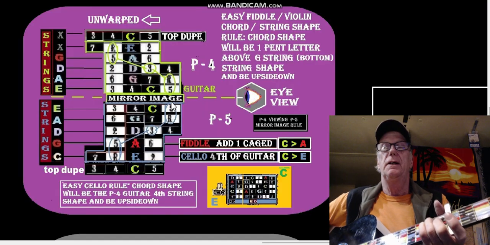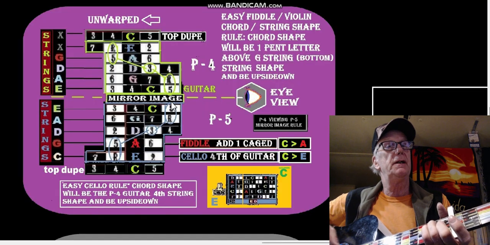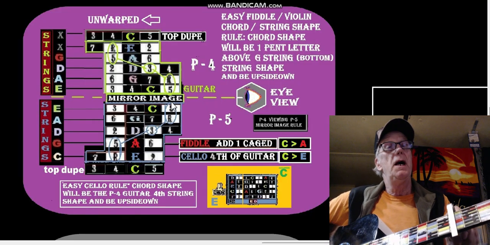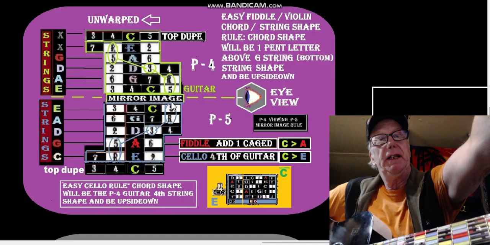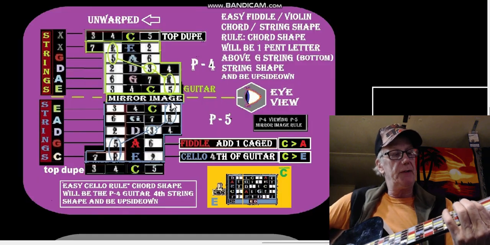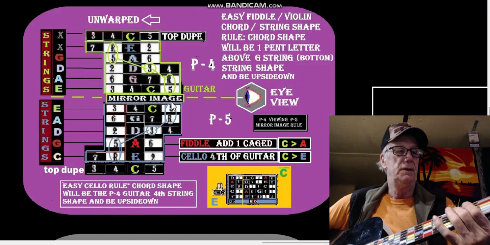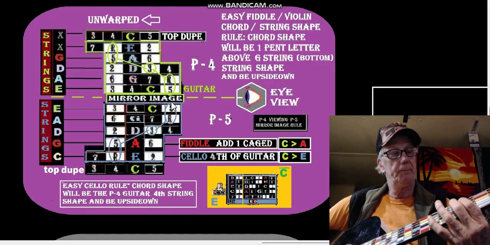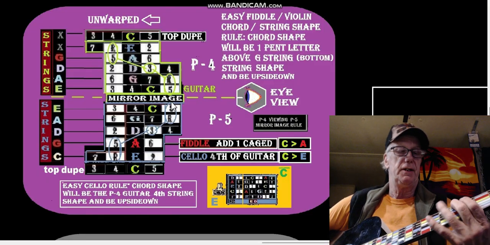Watch. Here's our E shape, right? Okay, but really the E string shape is 7 root 2. So that D sharp is the 7th.